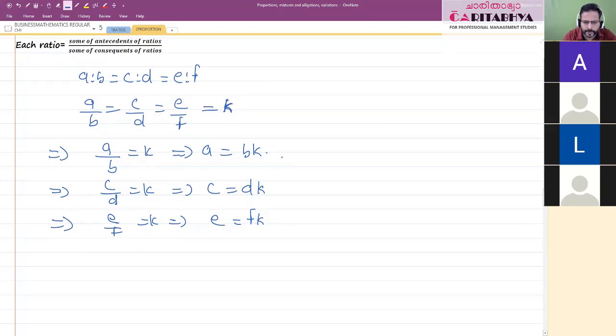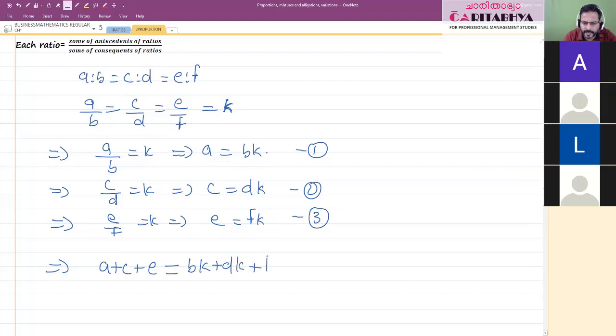Okay. Now look at equations 1, 2, 3. When we add the LHS of equations 1, 2, 3, what do we get? A plus C plus E is equal to BK plus DK plus FK.